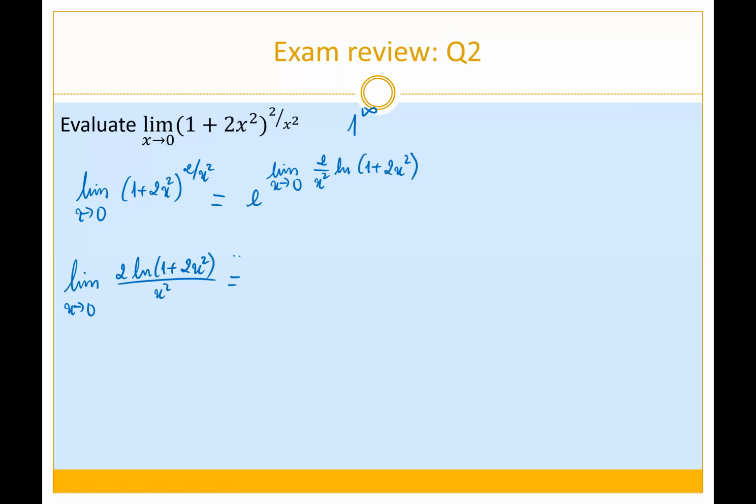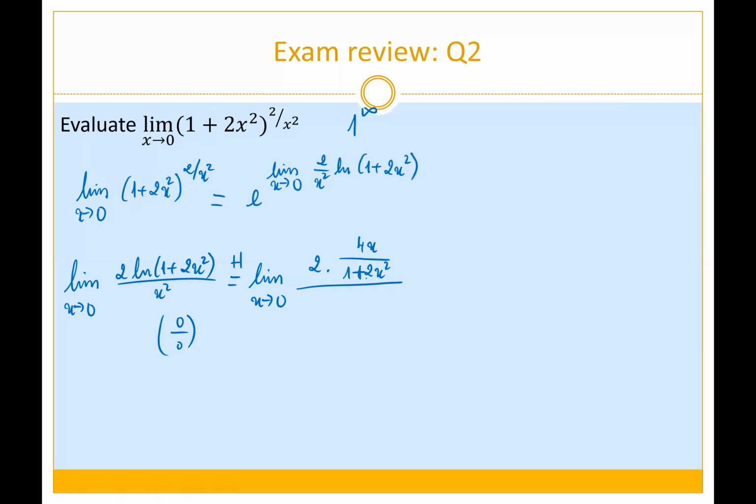And now we're just going to take L'Hopital's rule, because when you plug in 0, you're going to have 0 over 0 for this expression. So you take L'Hopital's rule. And then what you end up having is that the derivative of the numerator is 4x divided by 1 plus 2x squared.